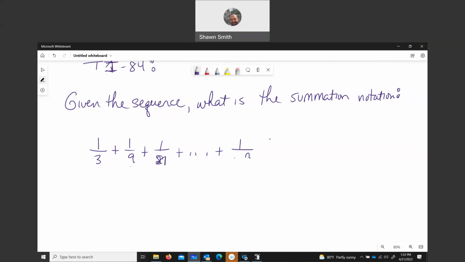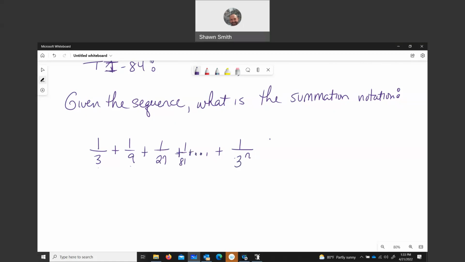Let's erase that. 3 to the first, 3 squared, 3 cubed. Then I had 3 to the fourth, and so forth, right? So this is 3 to the n. It's the last term. N is 1, 2, 3, 4, all the way to the end.